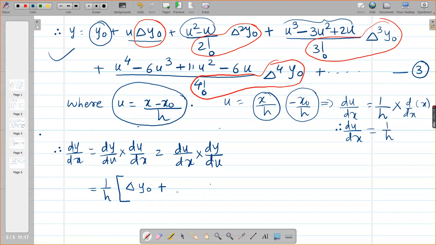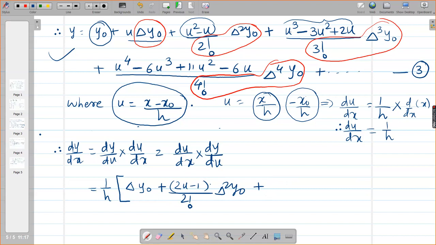So what is the derivative of u square minus u? 2u minus 1 upon, now 2 factorial will be as it is, delta square y naught will be as it is. You have to only derive u terms with respect to itself.